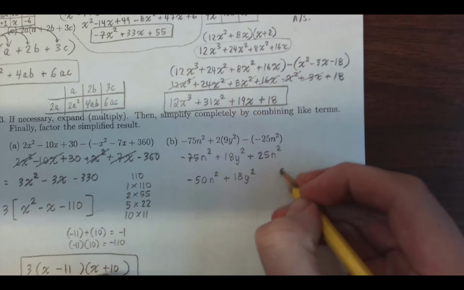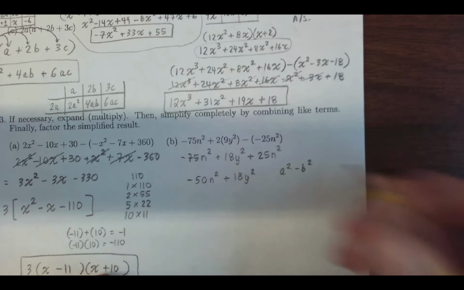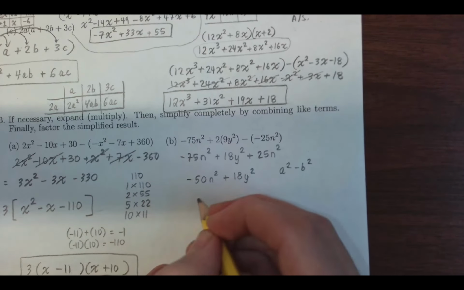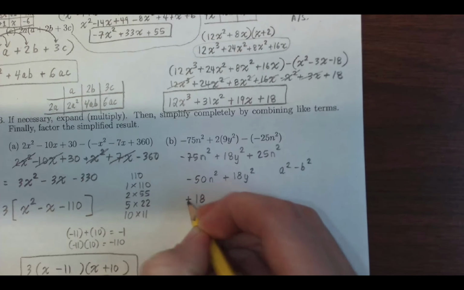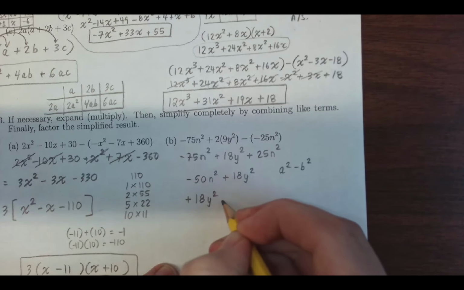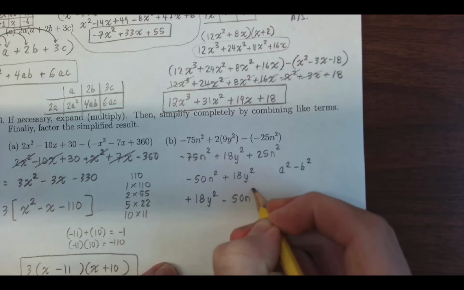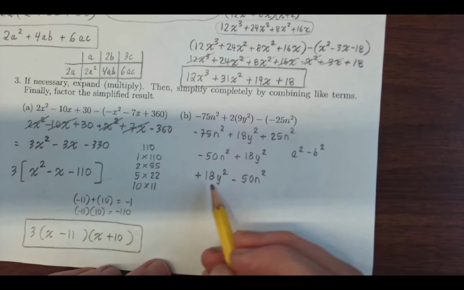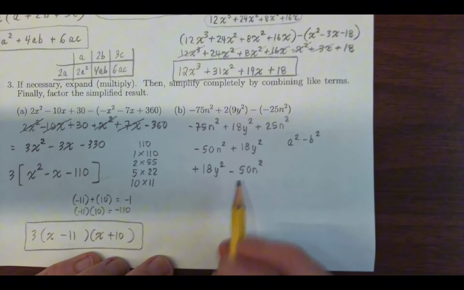Well, I want something that looks like a squared minus b squared. So I can just change the order. It's still positive 18y squared minus 50n squared. So I didn't change the sign of anything, which is totally fine. And that'll work.